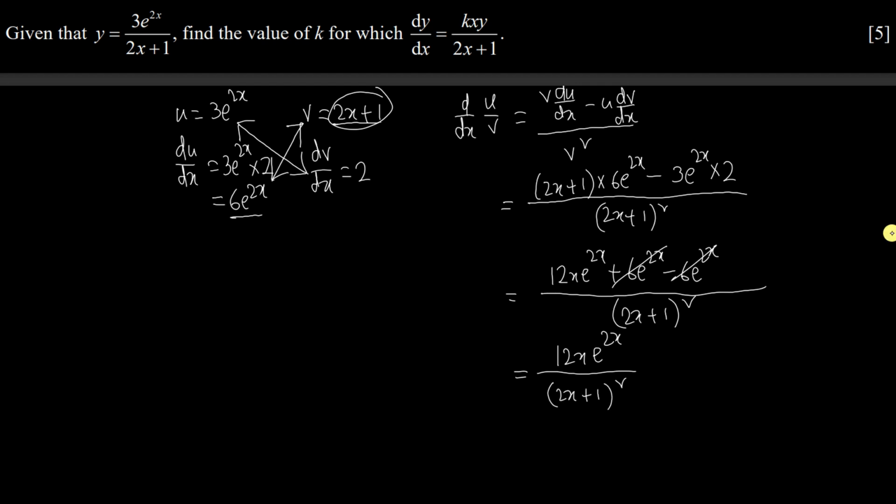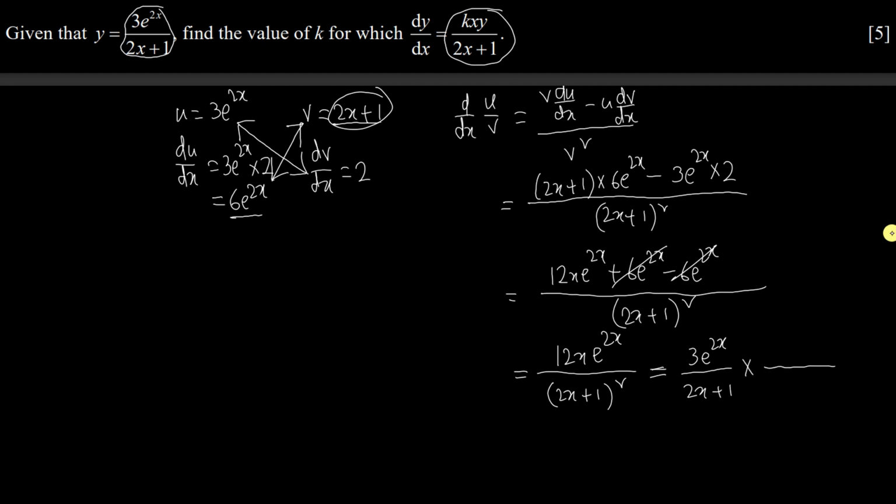Now we need to show it like this, kxy. How can we do that? Let's separate the y part from here. The y part is 3 e to the power 2x over 2x plus 1. Let me separate it. 3 e to the power 2x, if I write it as y, and the bottom is 2x plus 1, and let me write the remaining part.